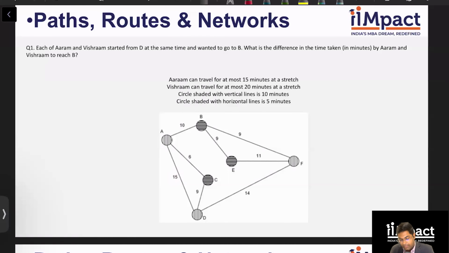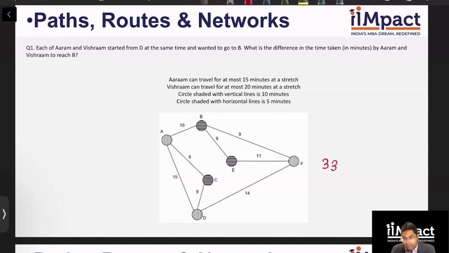With that in mind, we will figure out a few minimizing times. For example, if I look at DFB, both of them will take the same time. F is a vertical line, so that is 10 minutes. So the total becomes 33 minutes for both of them on this DFB route.